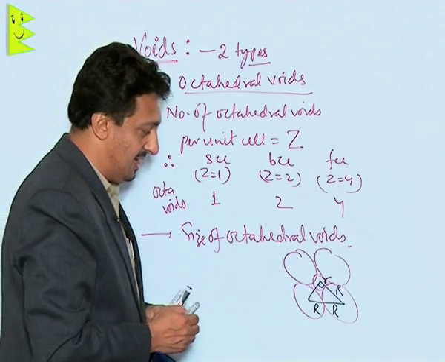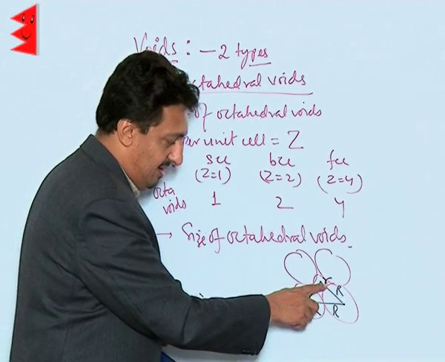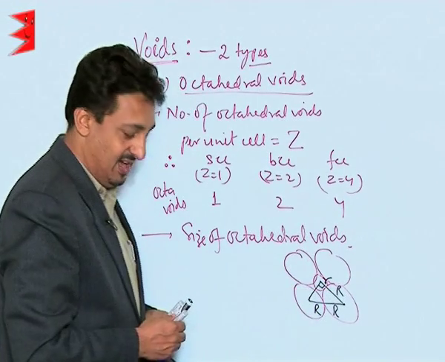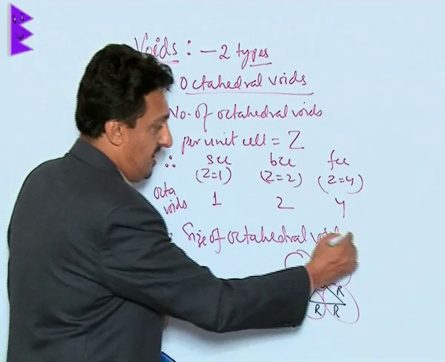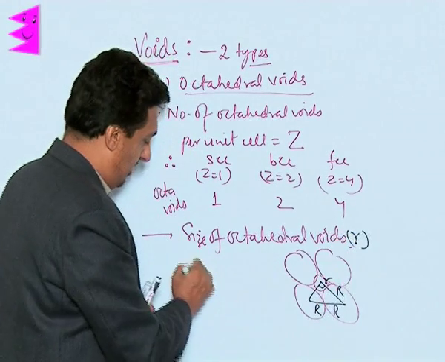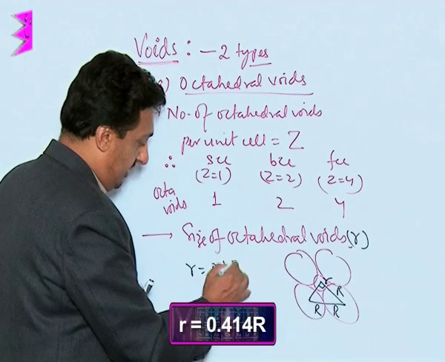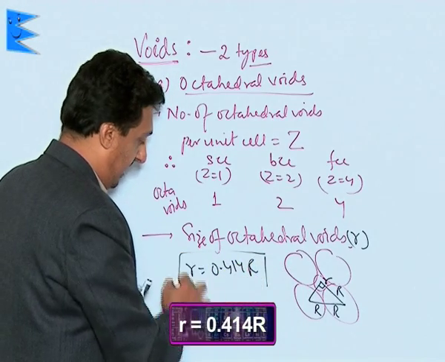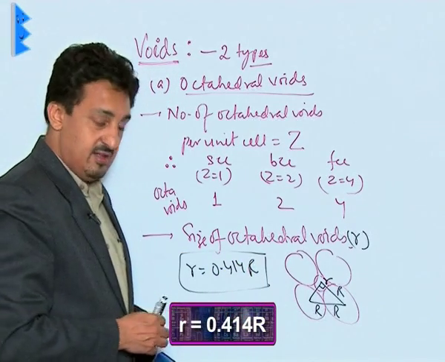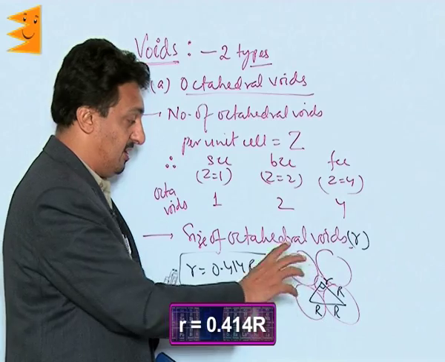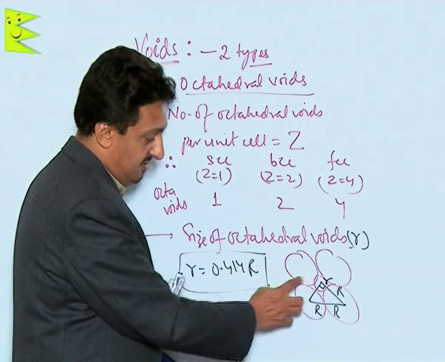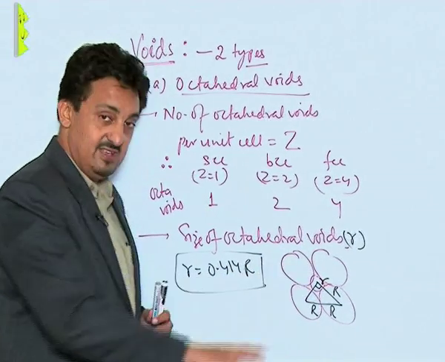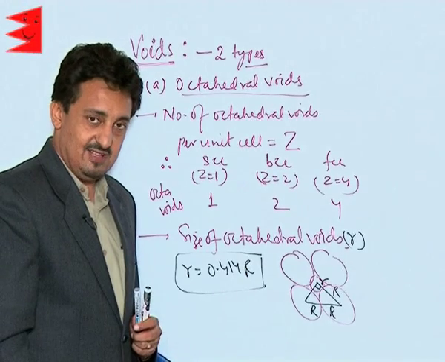Using a simple Pythagoras theorem, we can find out the relationship between small r and capital R, and it is found that the size of the octahedral void, indicated by small r, is equal to 0.414 times capital R, or 41.4% of capital R. That means it is 41.4% of the size of the particles which are forming this crystalline solid.